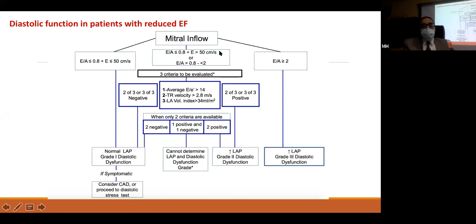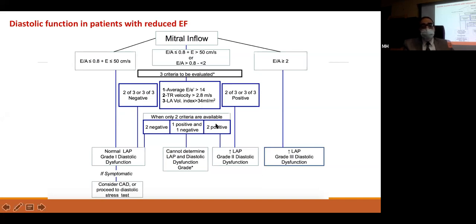If the numbers are in between, so if the E/A ratio is 0.8 or less and the E velocity is more than 50, or if the E/A ratio is between 0.8 and 2, you depend on other criteria, which are quite similar to the criteria we used in the patients with normal ejection fraction: the average E/e' ratio more than 14, the tricuspid regurgitation velocity, and the left atrial volume index.